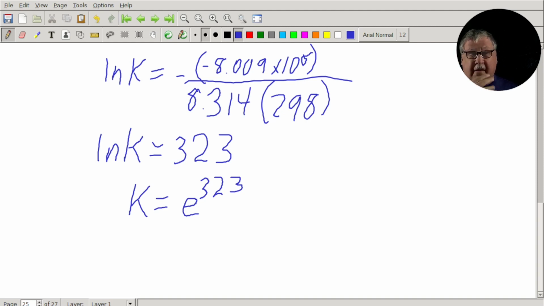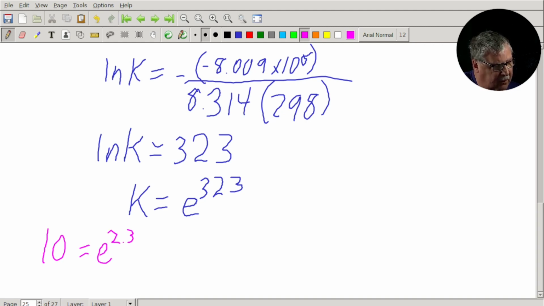We do know that this is very large. I like to put it in terms of 10 just because it gives me the ability to compare it with other equilibrium constants that we've looked at before written in scientific notation. Here's what we can say. To get the number 10, that's equal to e raised to the 2.303 power.